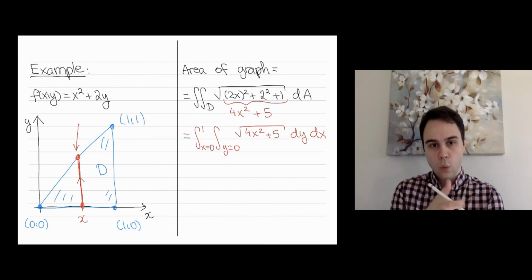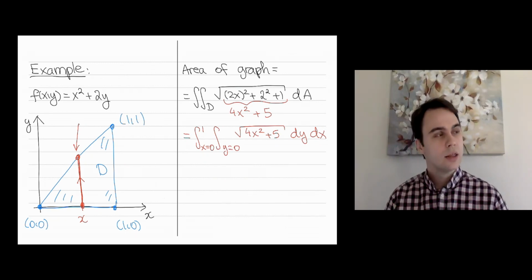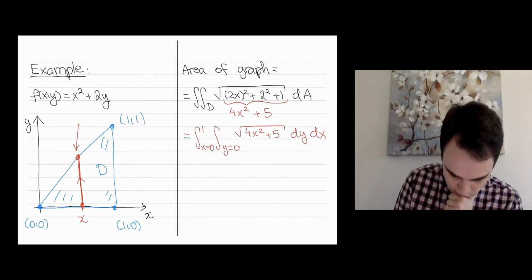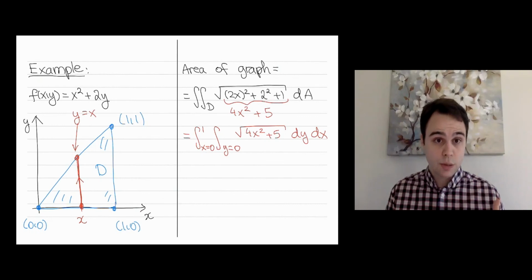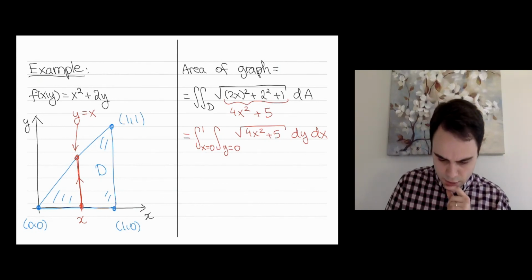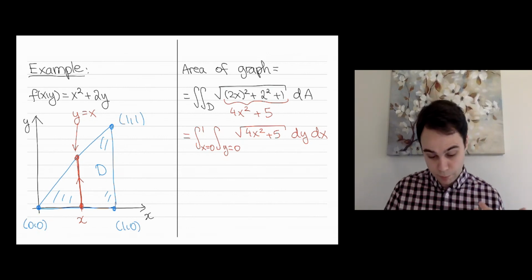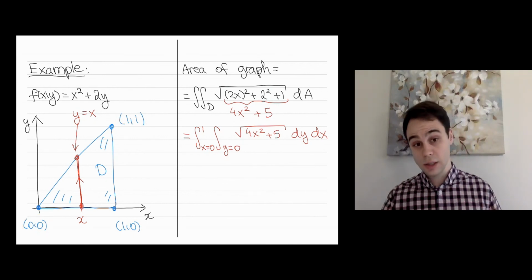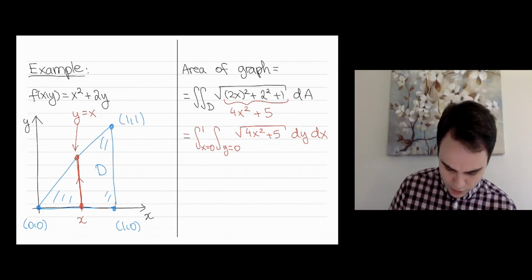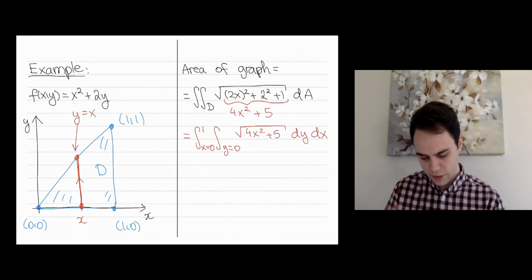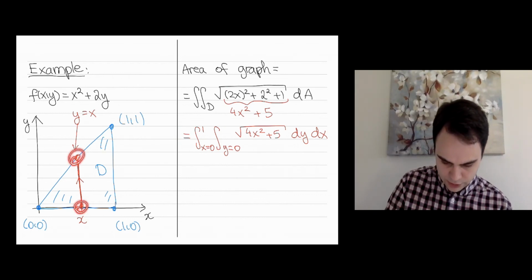Now y is on this line that joins 0, 0 to 1, 1. The equation of this line is just y equals x, because this is a linear relationship between y and x, and it's satisfied at both the origin and the point 1, 1. So this is the correct equation for the line. So for a fixed value of x, y starts at 0 and stops up here where it is equal to x.